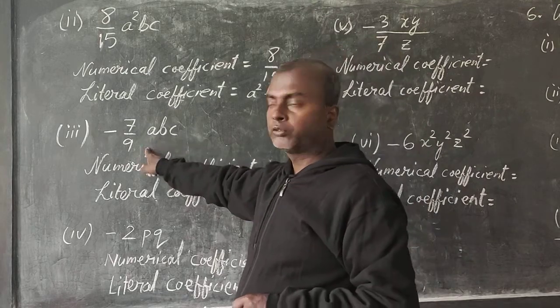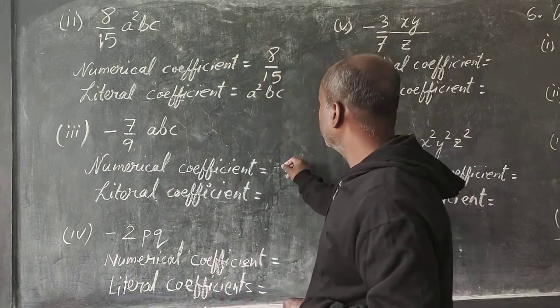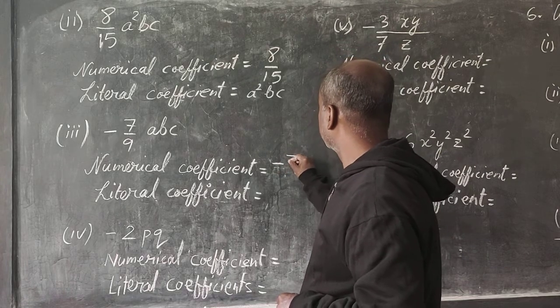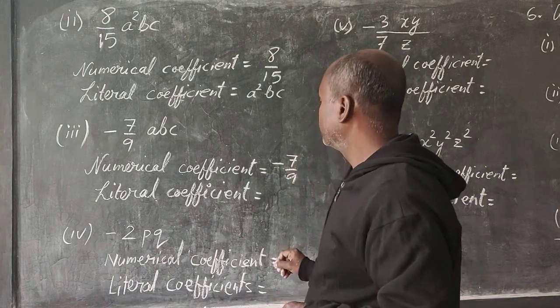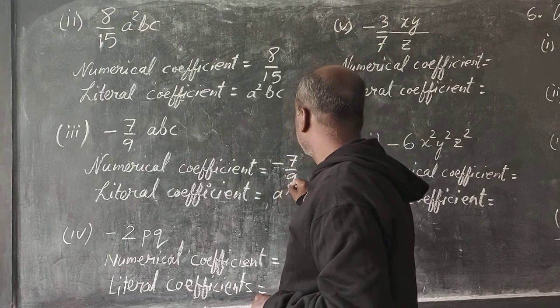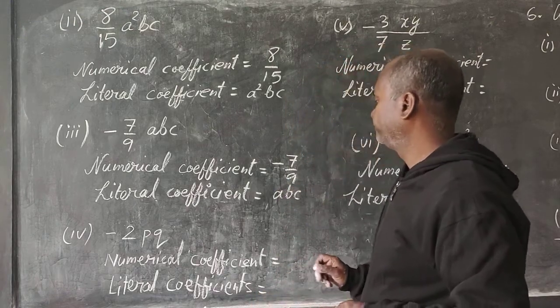The same way in part 3, the numerical coefficient is minus 7 by 9 and the literal coefficients are a, b, c.